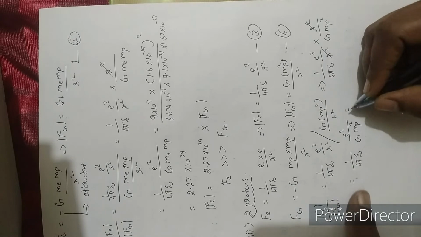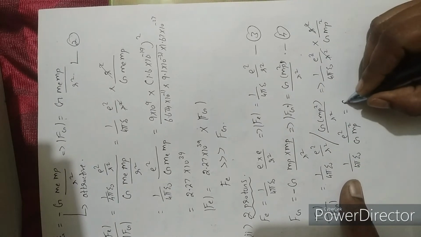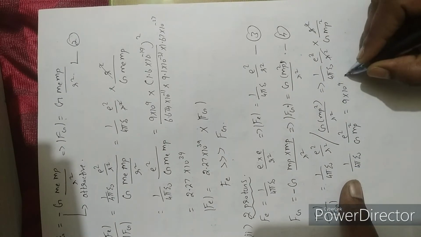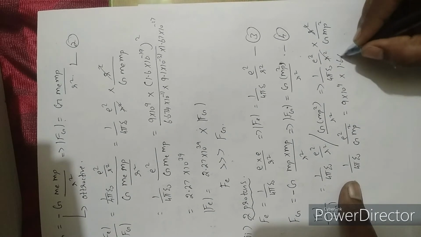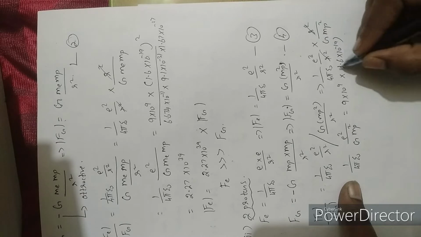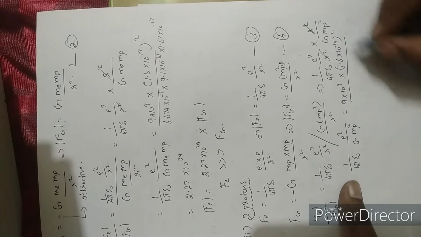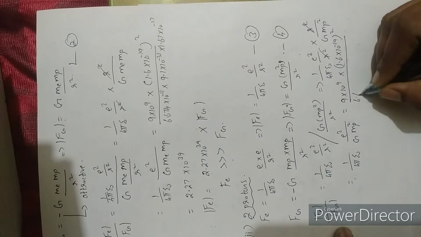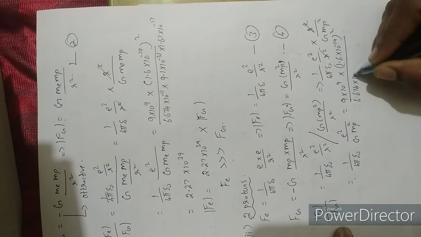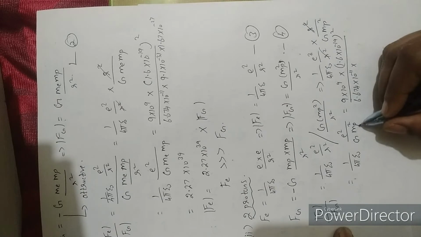Now, substitute the values. What's the value of 1 by 4 pi epsilon naught? 9 into 10 to the power of 9 into what's the value of charge of the proton, children? 1.6 into 10 to the power of minus 19 Coulomb, the whole square, the whole divided by G, right? What's the value of G? 6.674 into 10 to the power of minus 11 into mass of the proton.